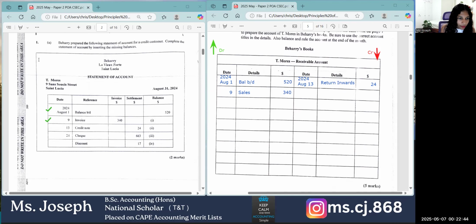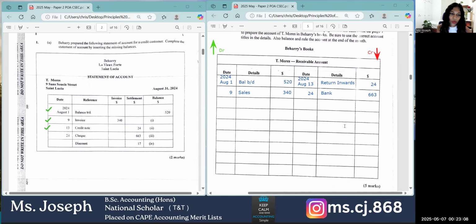Next up, we have the check that was paid to us on the 24th of August. So let's just put the date, 24th. If he pays us, he will owe us less money. So the amount owed to us will go down by $663. Why? Because he paid us.